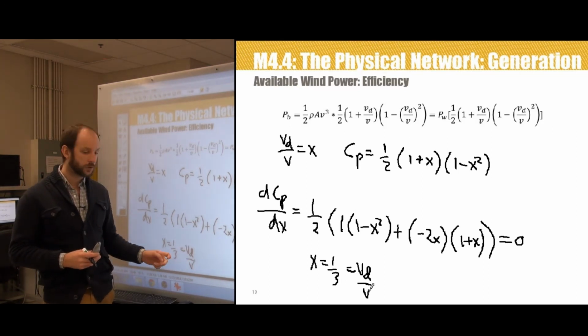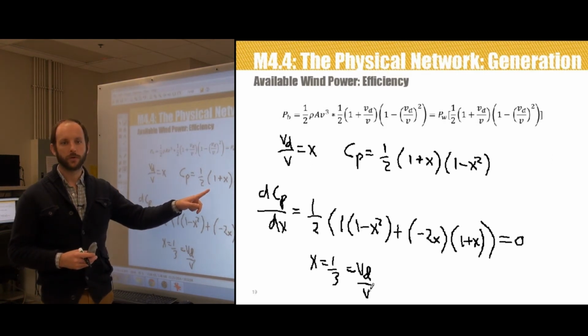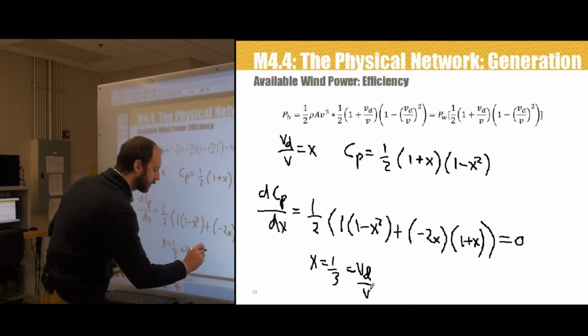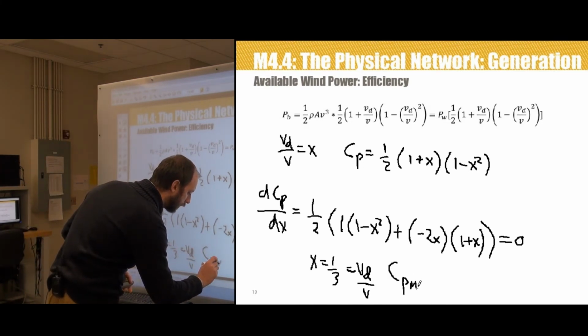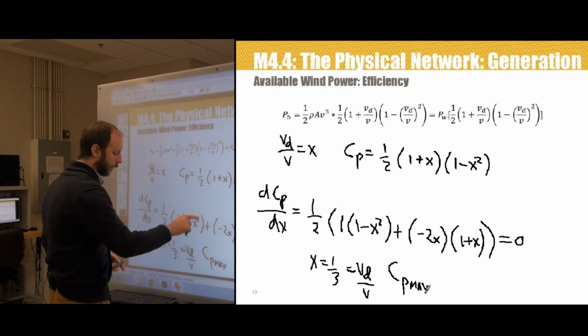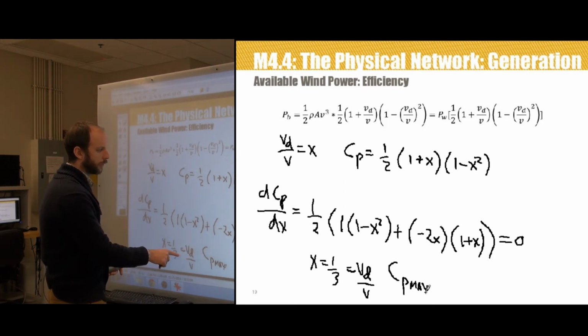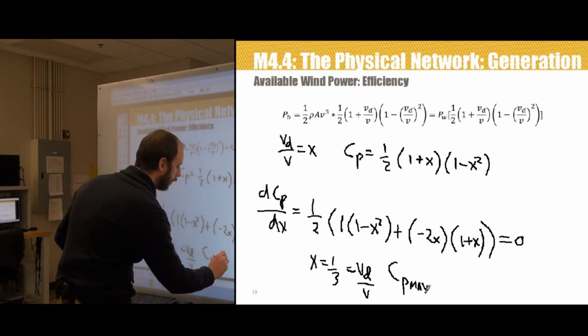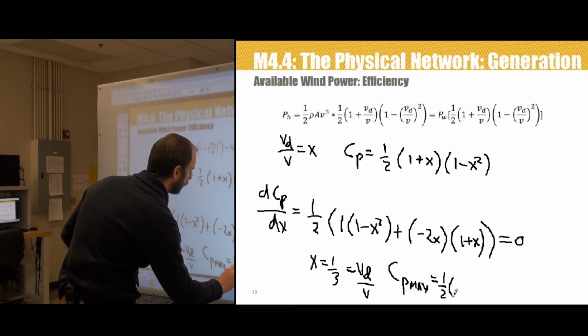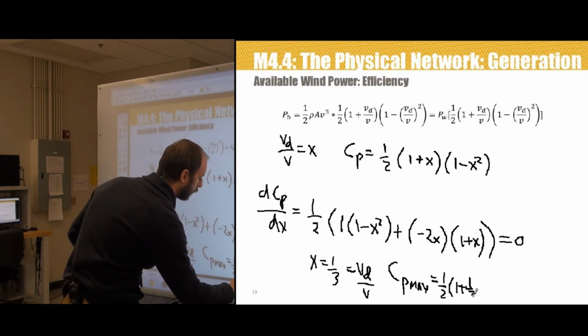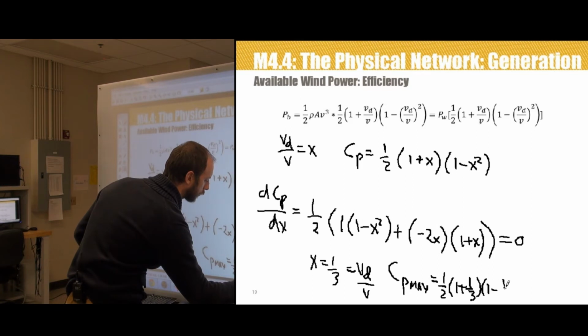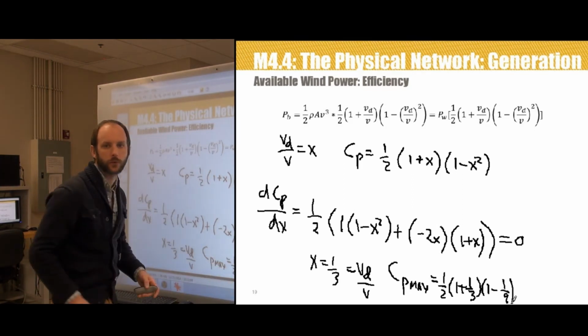If we substitute this result into the equation for C sub P here, we find that the maximum, CP max, occurs when the ratio of VD over V is 1/3, so I just say 1/2 times (1 plus 1/3) times (1 minus 1/3) squared, which is 1 minus 1/9. That's 1/3 squared, right?